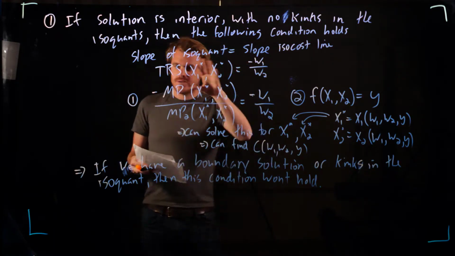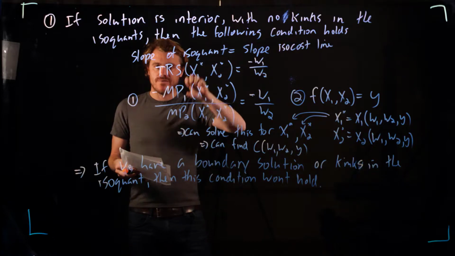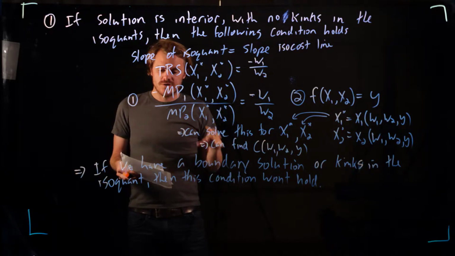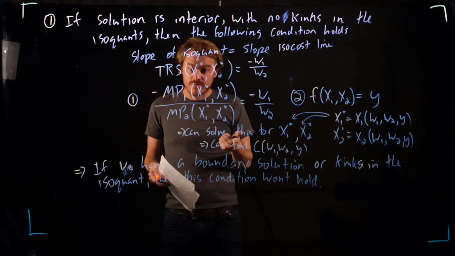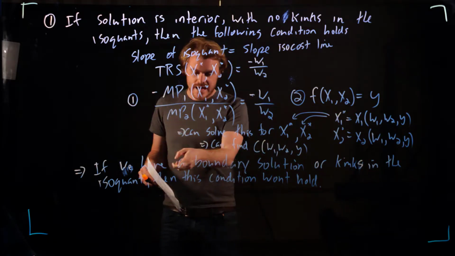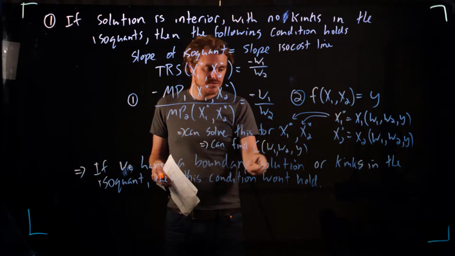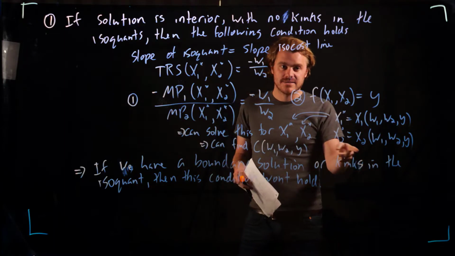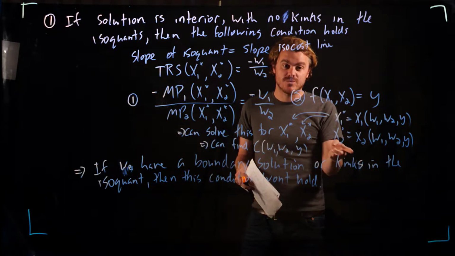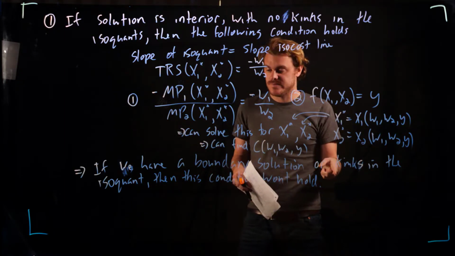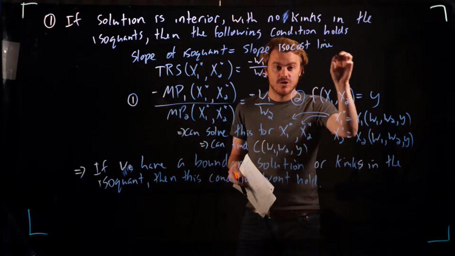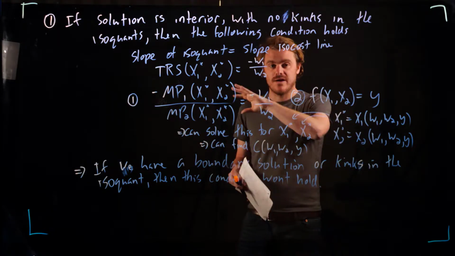So let's quickly erase this board and talk about two different cases. One with perfect substitutes, where we're going to have a boundary solution, and one where we have kinks in the isoquants, when we have perfect complements in production, and how we can go about solving those versions of this minimization problem.